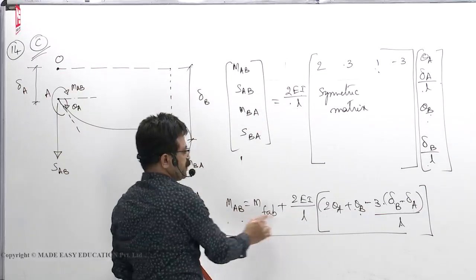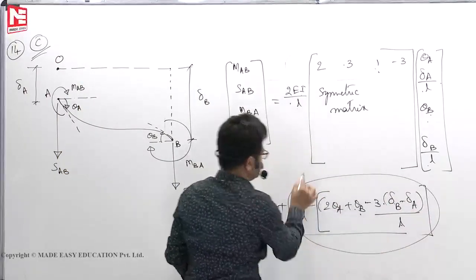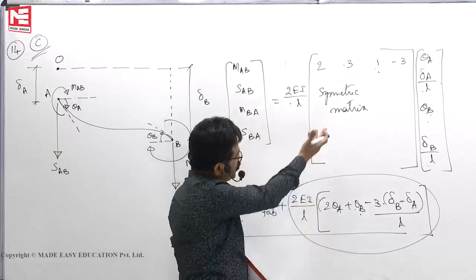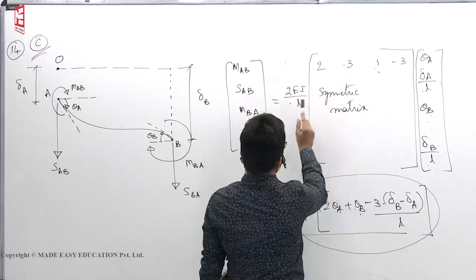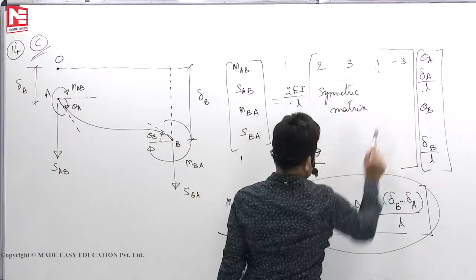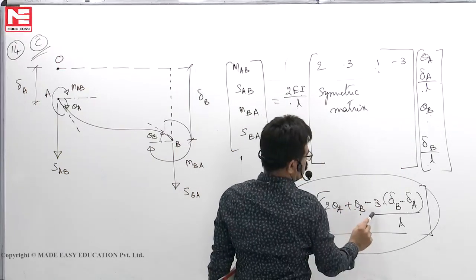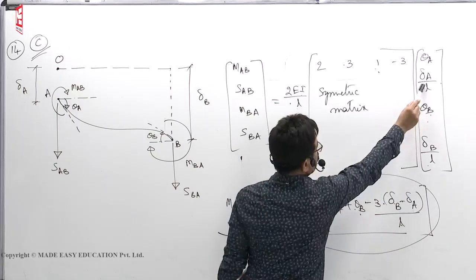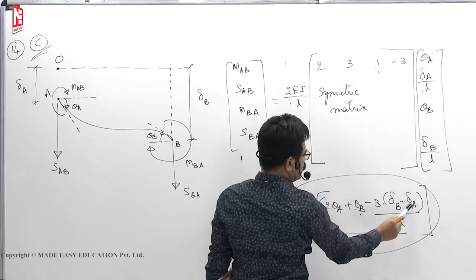So if you write this, this will tell you how to write the slope deflection equation. We should have an idea. Then we can get that value. See here, 2EI by L into 2 into theta A plus 3 into delta A by L. Already delta A by L is there, so 3. This is over.